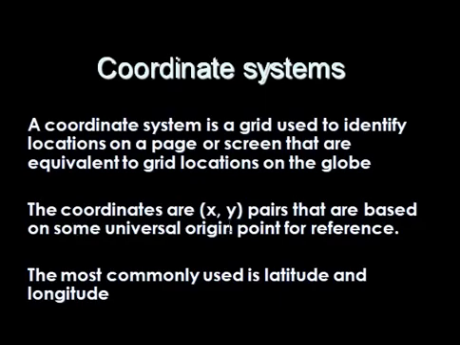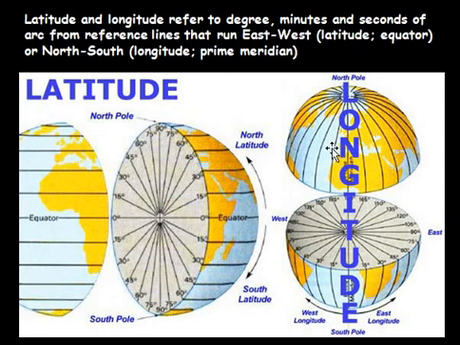The coordinates are x, y pairs that are based on some universal origin point for reference. The most commonly used is latitude and longitude. The pictorial representation of latitude and longitude refers to degrees, minutes and seconds from reference lines that run east-west, that is latitude with the equator, or north-south, longitude with the prime meridian.